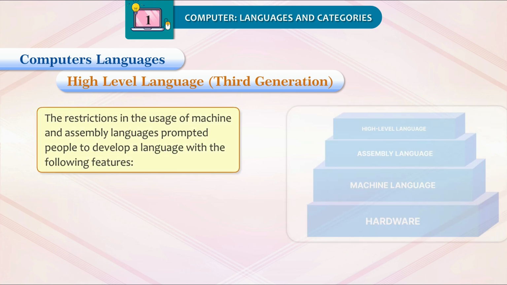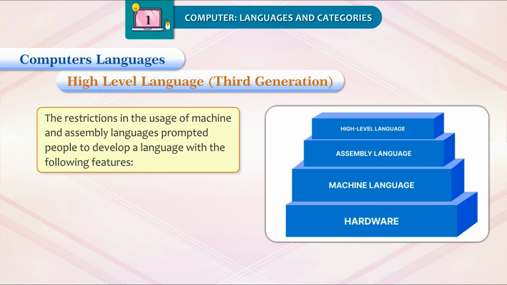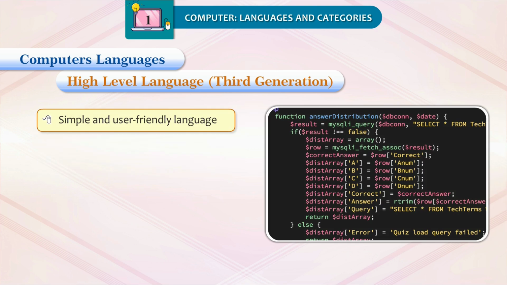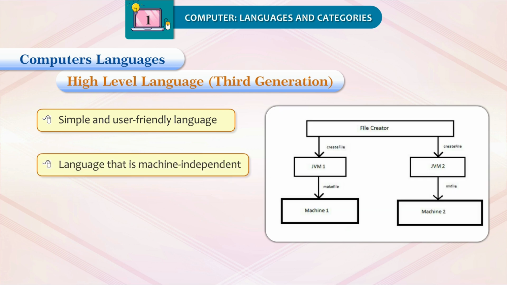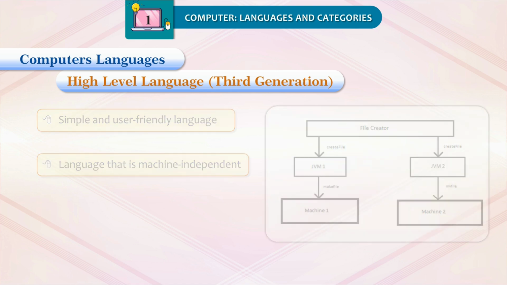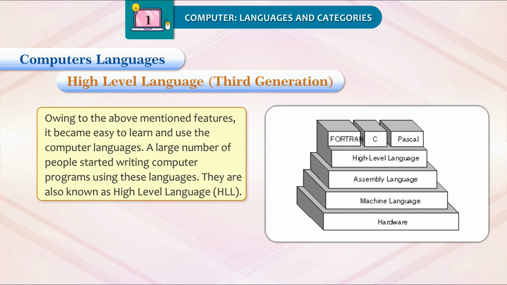High-level language, third generation. The restriction in the usage of machine and assembly languages prompted people to develop a language with the following features. Simple and user-friendly language. Language that is machine independent. Owing to the above-mentioned features, it became easy to learn and use the computer languages.